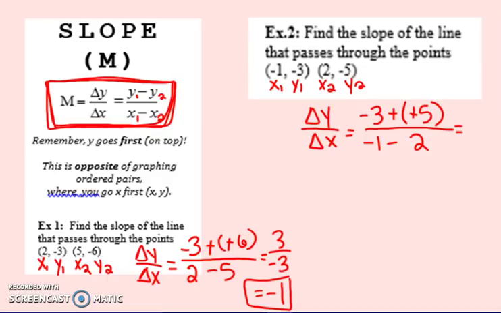That gives me negative 3 plus 5. 2 negatives make a positive, and I get positive 2. Negative 1 minus 2 is negative 3. In this case, I cannot reduce my fraction, so my answer stays negative 2/3. Keep in mind, just like when we did equations, leave your fractions as they are. Do not turn them into decimals.